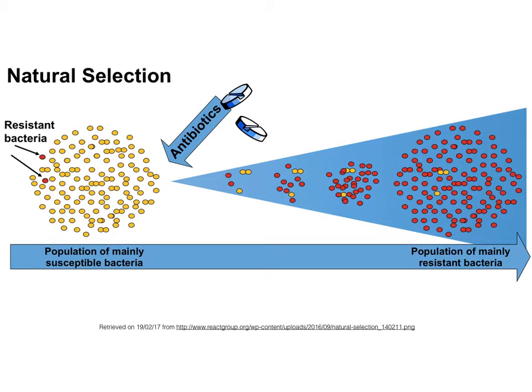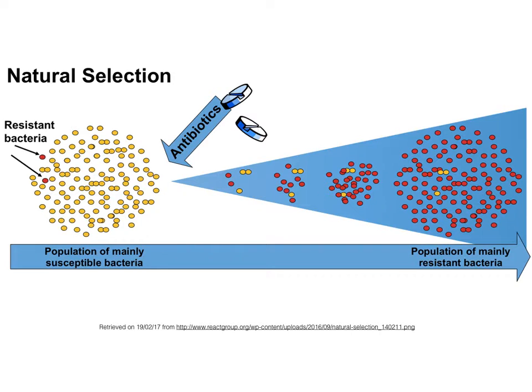The next example of natural selection involves bacteria. In this example, we can see that there is a population of mainly susceptible bacteria which contains a minority group of resistant bacteria. When antibiotics are applied or are used against this group of bacteria, the major part of the susceptible bacteria population won't survive the antibiotics.